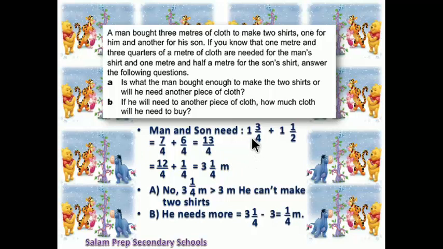We can convert mixed numbers to improper fractions. 1 times 4 equals 4 plus 3 equals 7, so 7/4, plus 1 times 2 equals 2 plus 1 equals 3, so 3/2. Now we need to make a common denominator. The common denominator will be 4. So 3/2 equal 6/4.